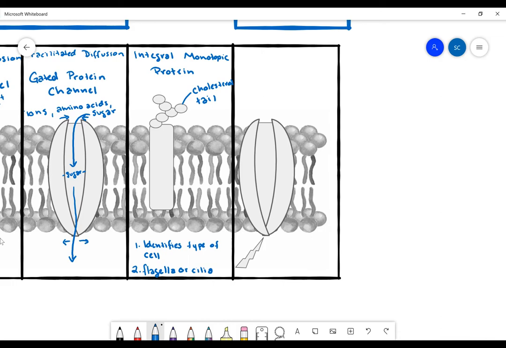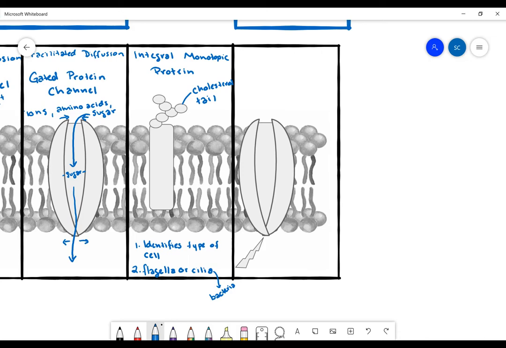Just depends on what the cell needs to do, and both of these are usually seen in bacteria. Okay, you don't often see those in the human body. Right, so that is the recap of everything that we talked about on Tuesday.